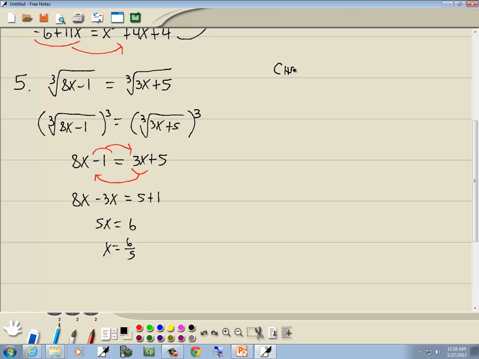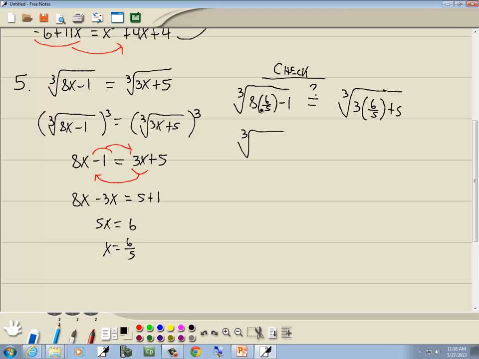Now this one I'm going to go ahead and write out because I probably can't see it. I need to check it. So if I plug that in for x, I'm going to have 8 times 6/5 minus 1. And I'm wondering if that's equal to, plugging in 6/5 for the x over here. Well, that gives me 48/5 minus 1, which is 5 over 5.